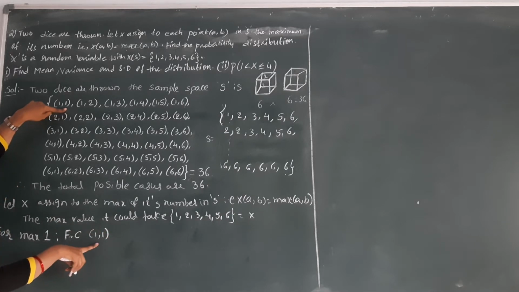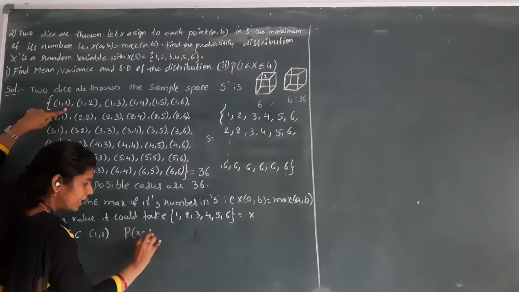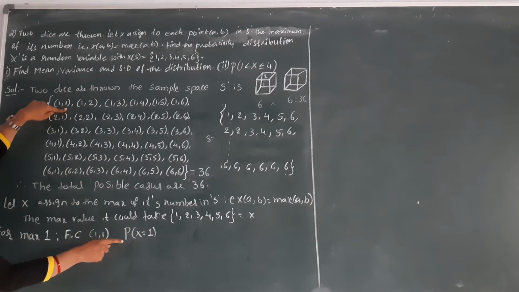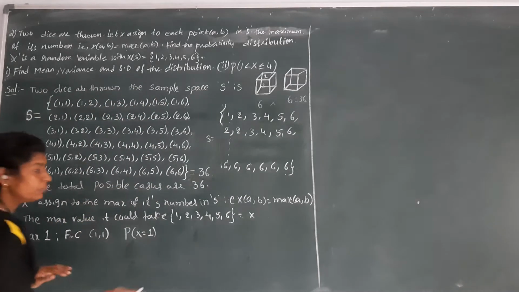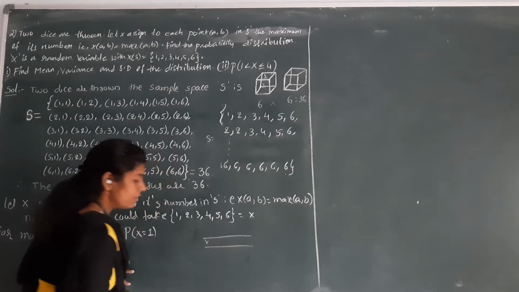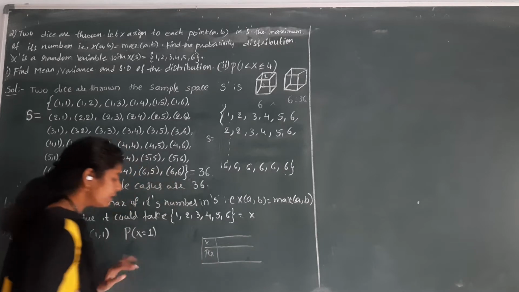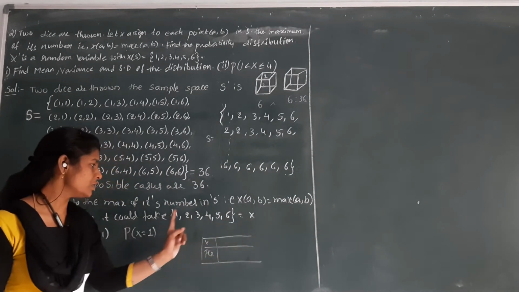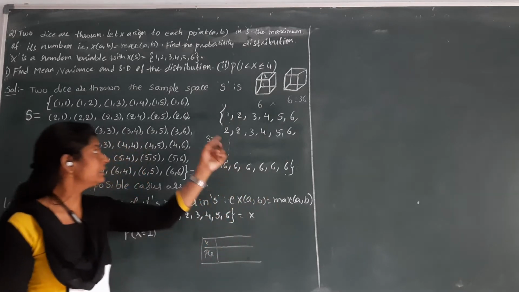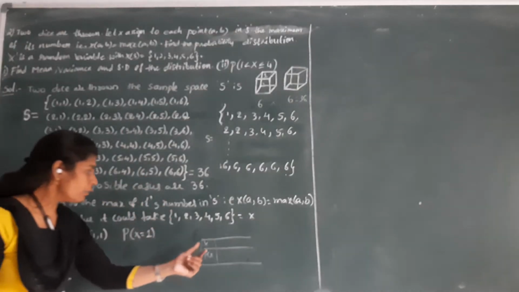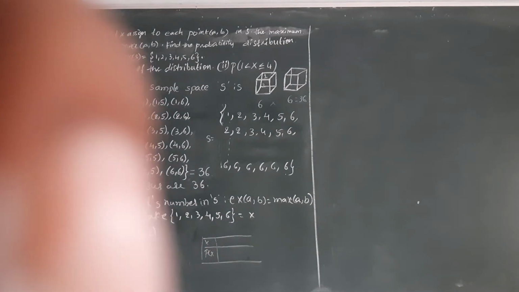Now we are finding the probability of X equals 1. Finding the probability distribution is nothing but first finding the X values, and next finding the corresponding probabilities. We already know the X values: 1, 2, 3, 4, 5, 6, the maximum numbers in the pairs. Now we have to find the corresponding probabilities.